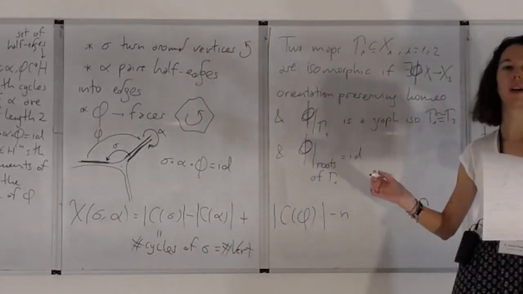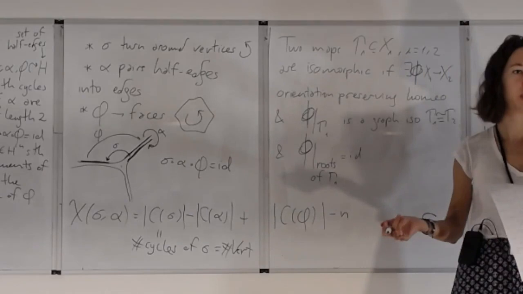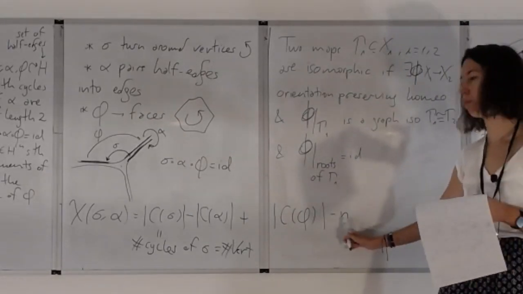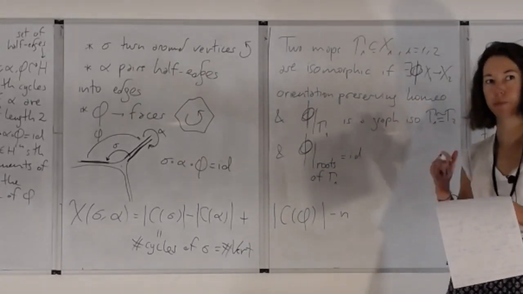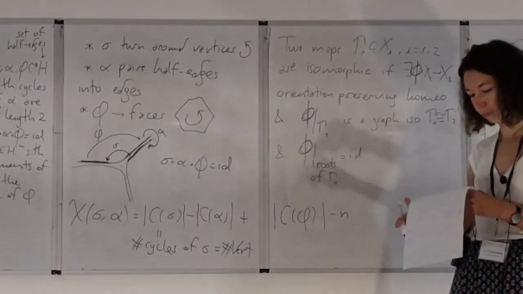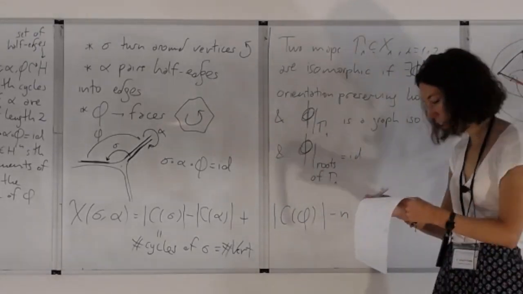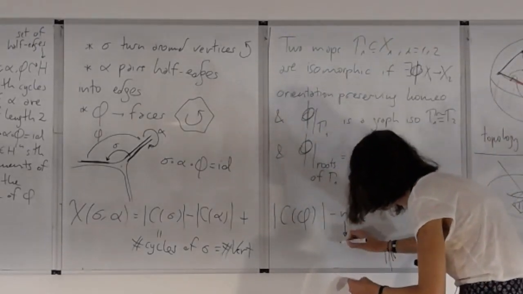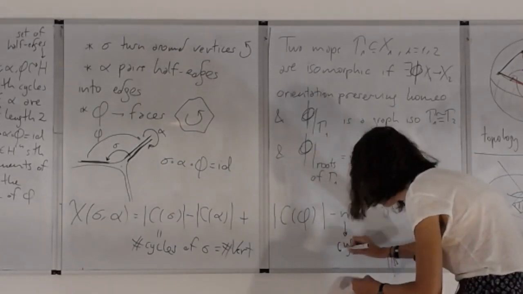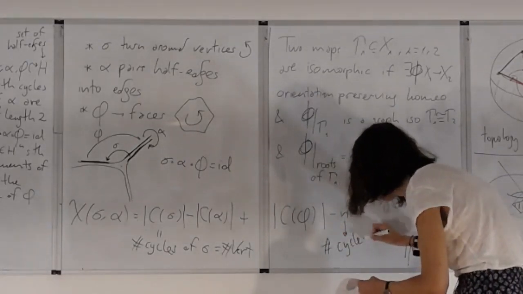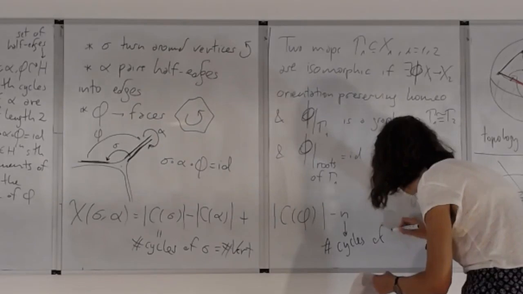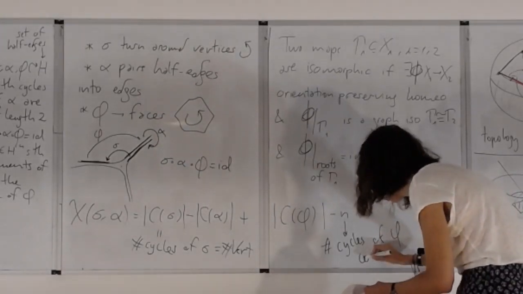And since they are boundaries, I want them to contribute to the Euler characteristic, so that's why I'm subtracting them. Okay? So yeah, I can maybe write it: number of cycles of phi containing a root.